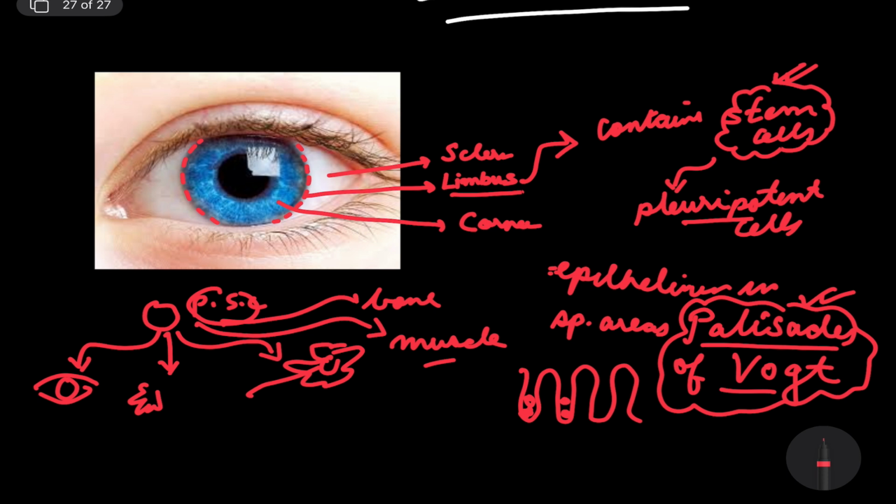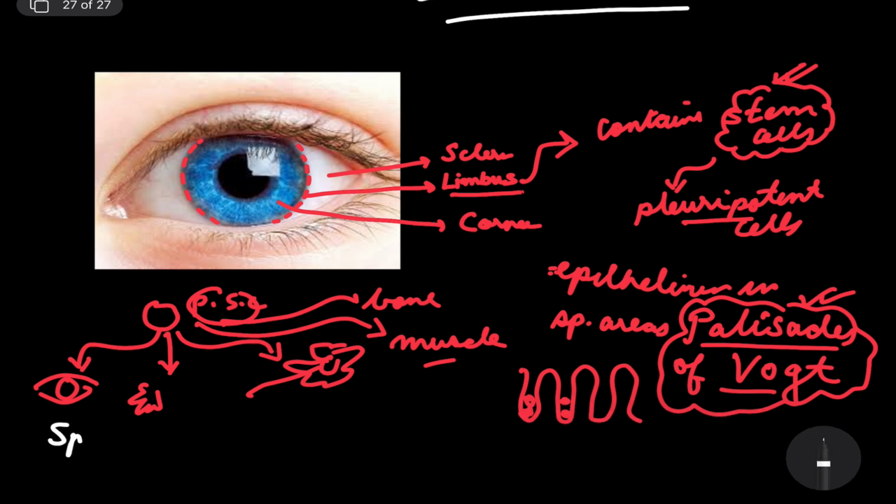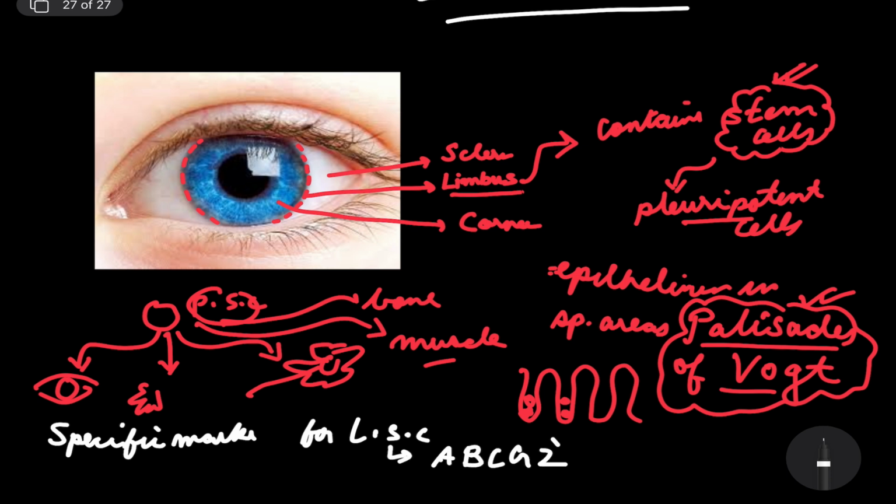Now, another very interesting thing about the limbus is the specific marker for the limbal stem cells. It is ABCG2.